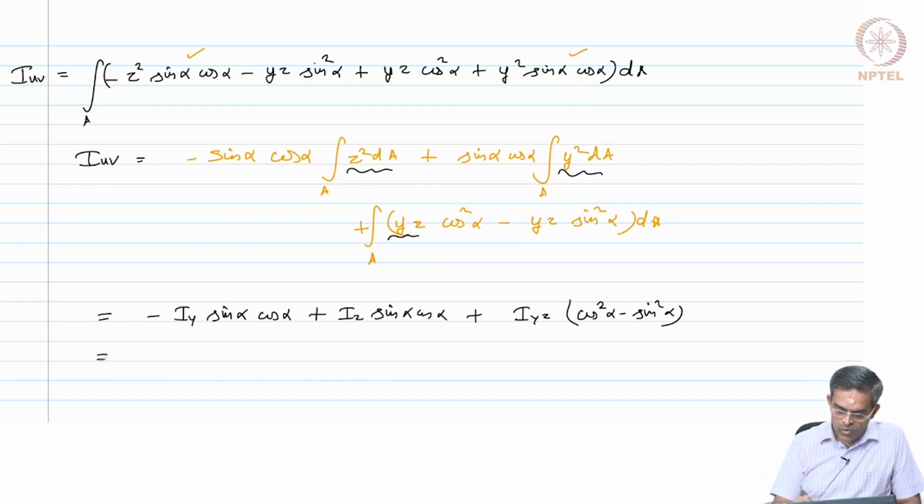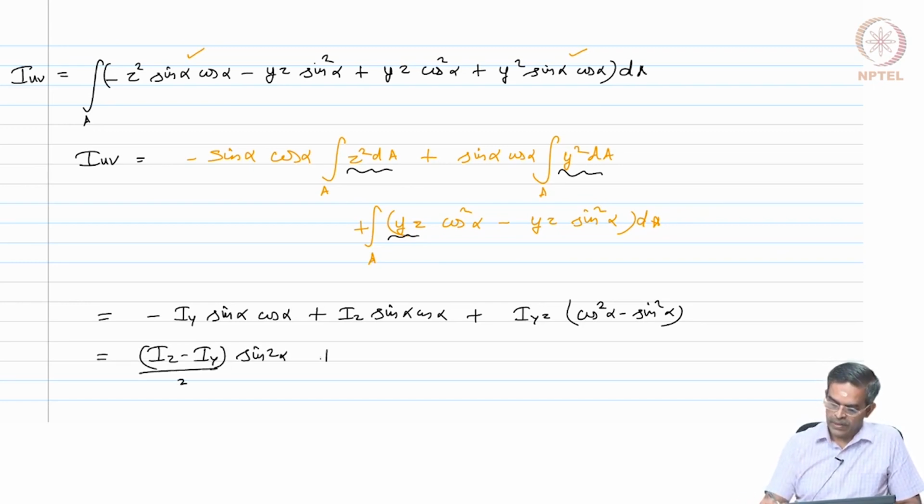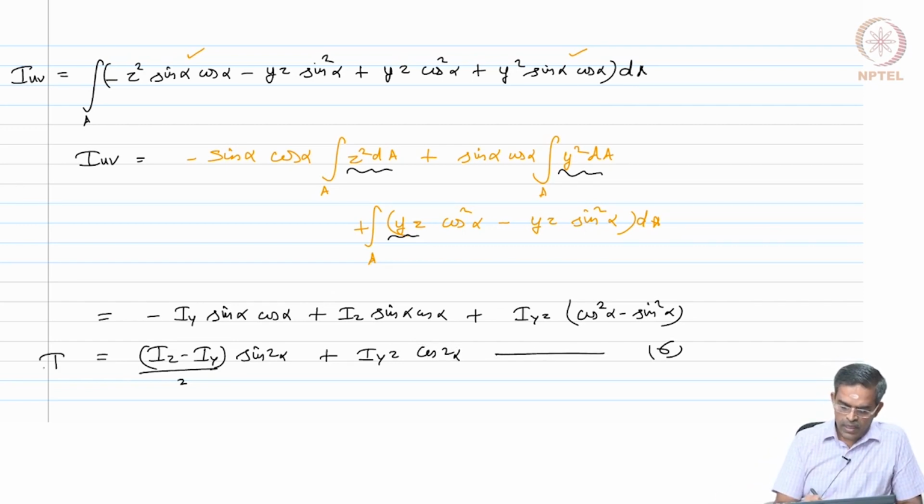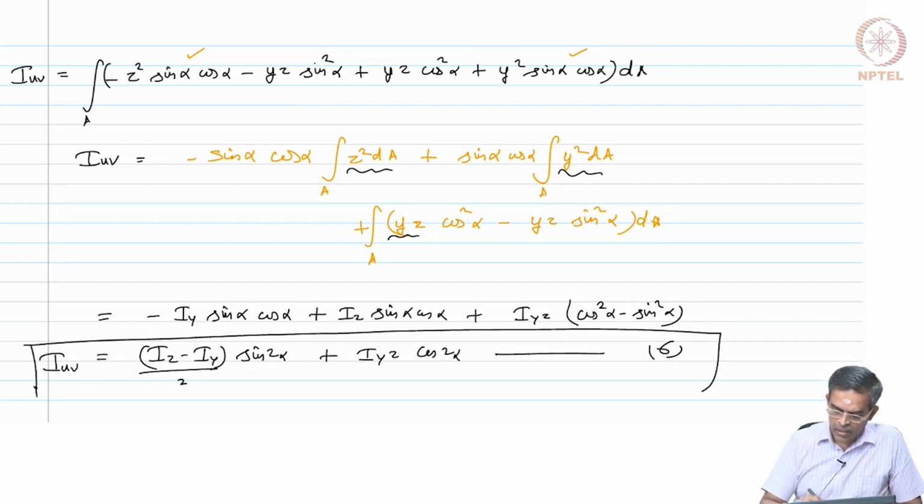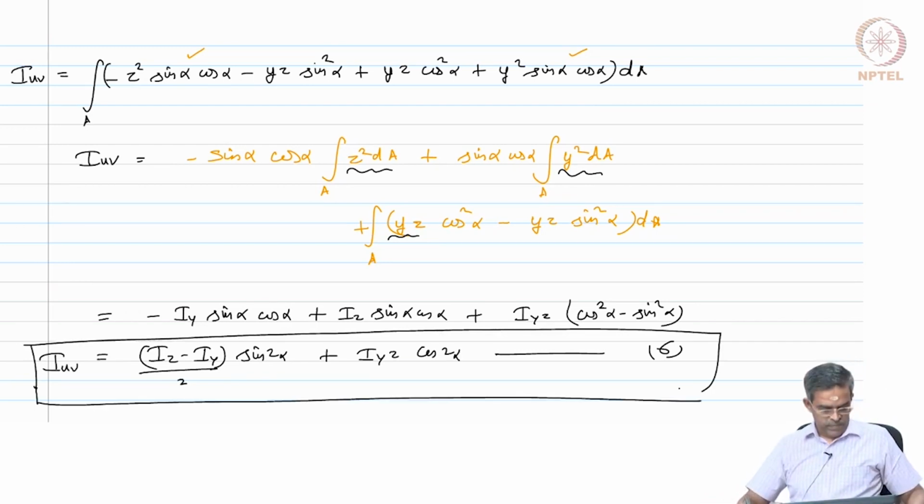Which now amounts to (Iz minus Iy) sin 2 alpha by 2 plus Iyz cos 2 alpha. Equation 6. This is my Iuv. So, classical equation, okay.